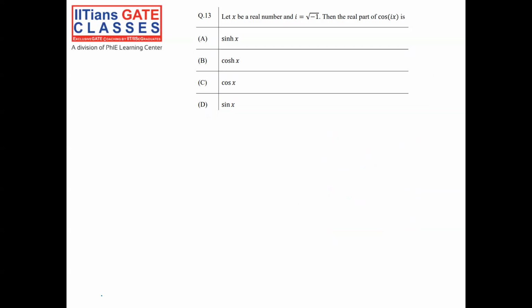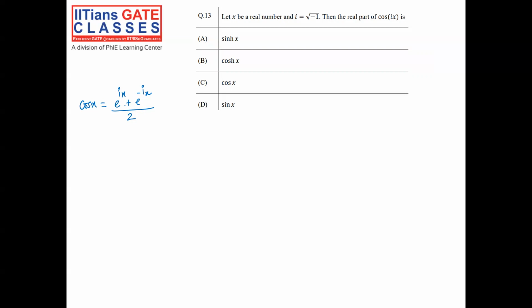In general, cos of x is denoted by e to the power ix plus e to the power minus ix divided by 2. Because e to the power ix means cos of x plus i sin of x, and e to the power minus ix is cos of x minus i sin x.